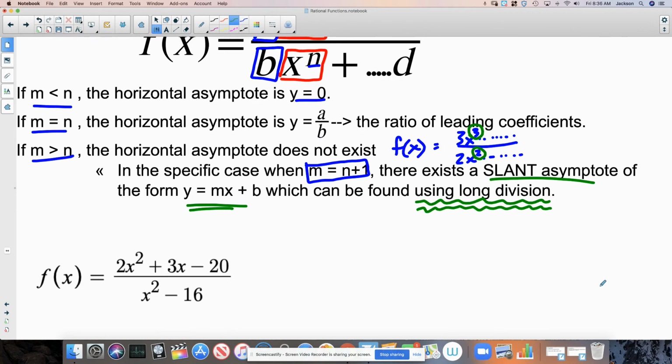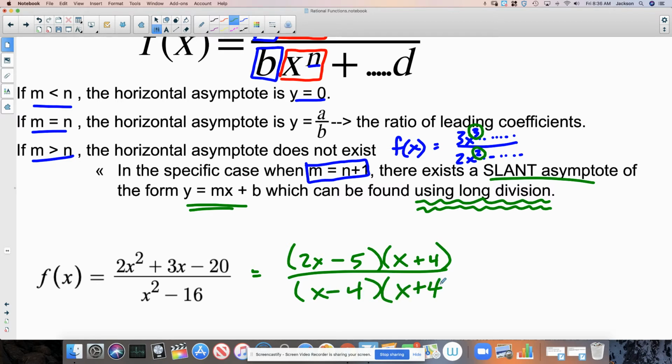So if we look at the problem that we've been looking at this entire time, and we're looking for the horizontal asymptote to this graph. If you've watched the previous videos, we've always talked about making sure that you factor the whole thing out, because you're going to want to know what the zeros are up top and on the bottom.